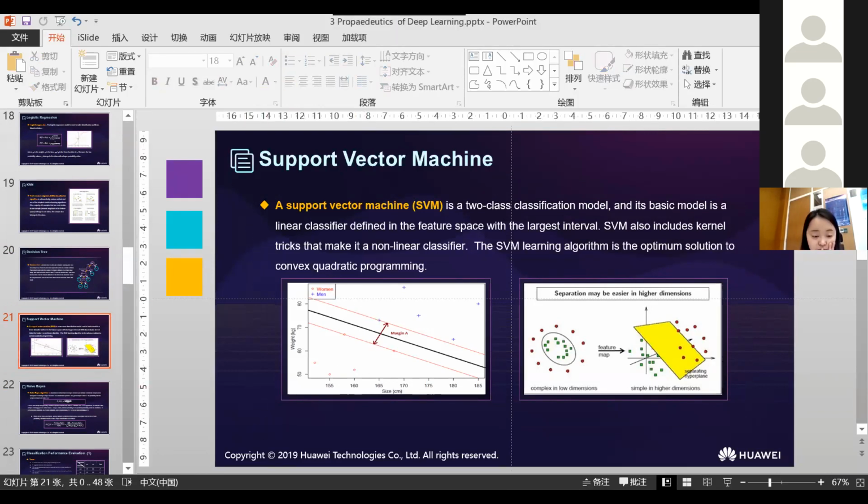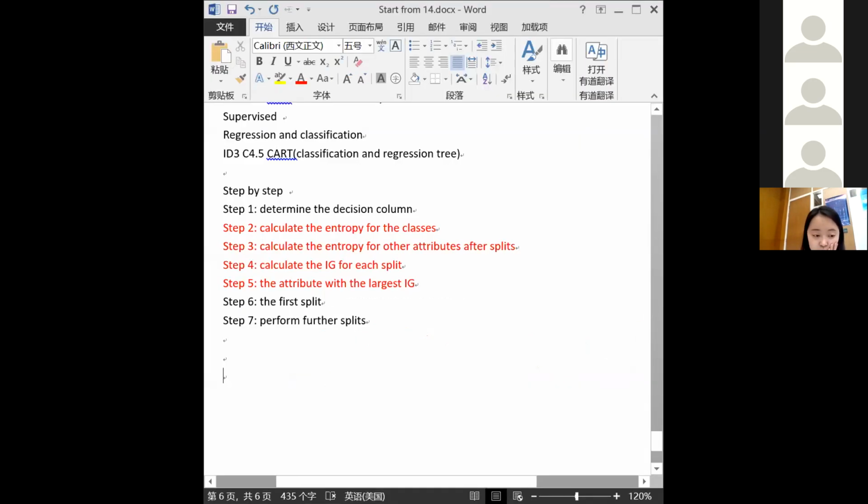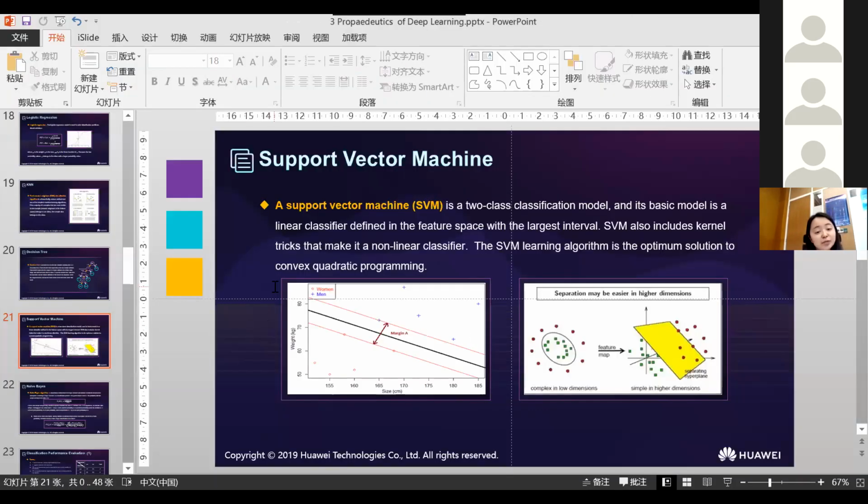So we will talk about support vector machine. What is support vector machine, or what is the goal of the support vector machine algorithm? Let's use this figure as an example.